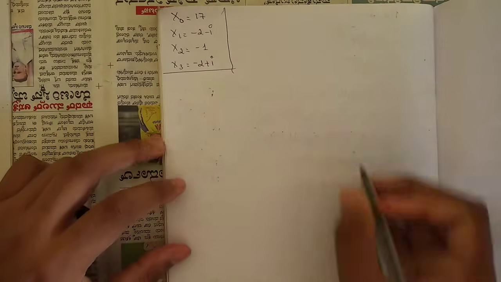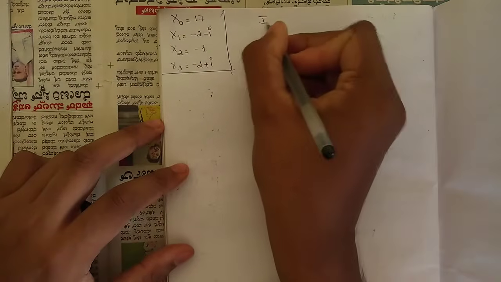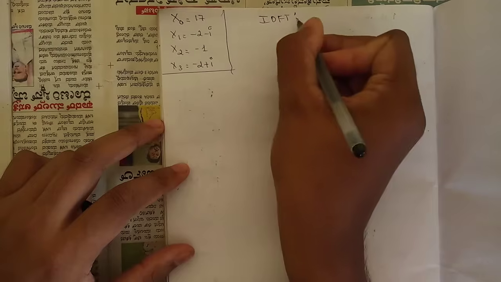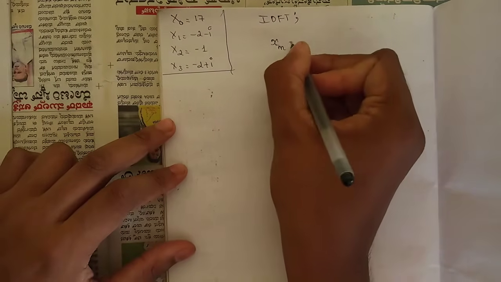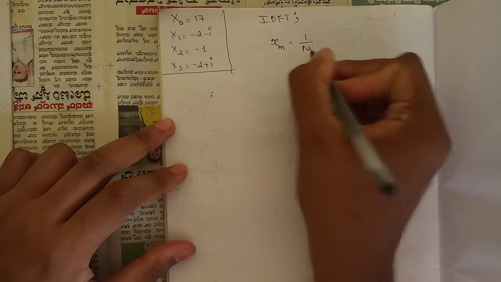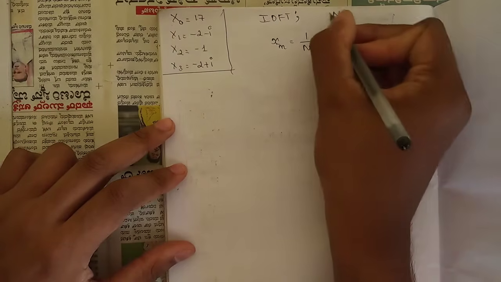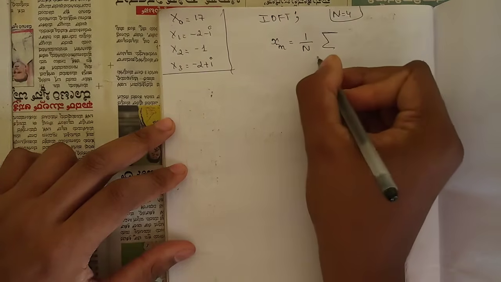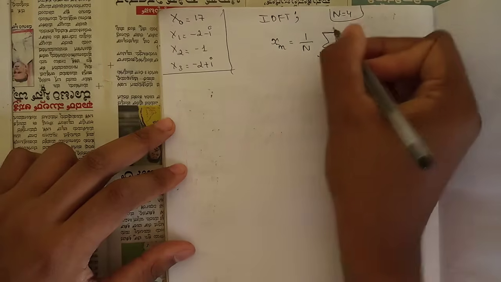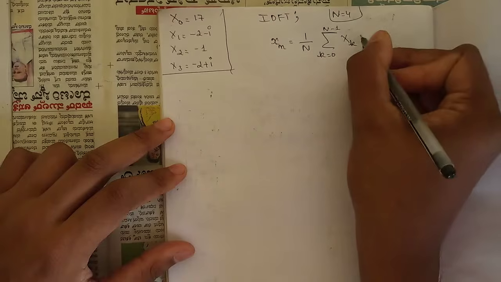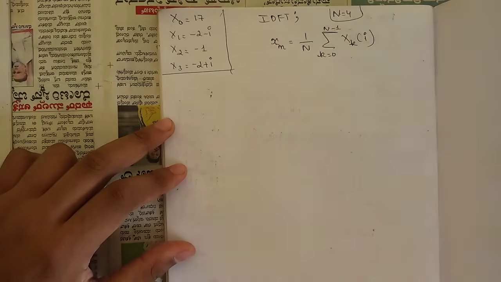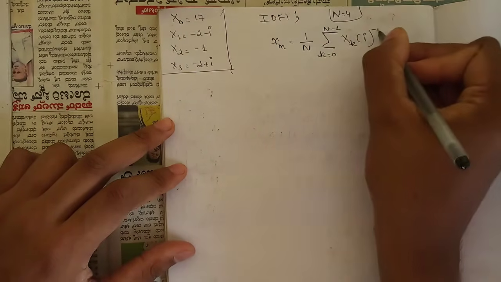Now we know that in order to find the inverse discrete Fourier transform, the formula given is small xn equal to 1 by N, where the value of N here is 4, summation of k from 0 to N minus 1, capital Xk, where the value of omega is i to the power minus nk.